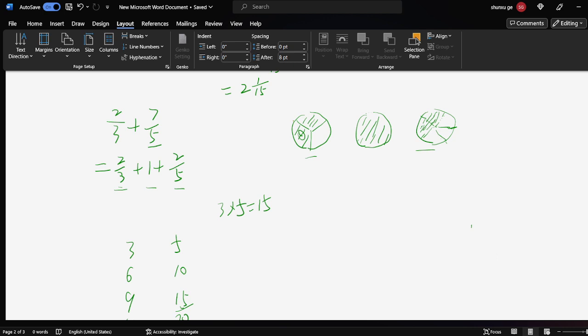So that means we cut this pizza into 15 parts. Before, we cut it into 3 parts. But now, because we found the common multiple is 15, every small part we cut into 5.